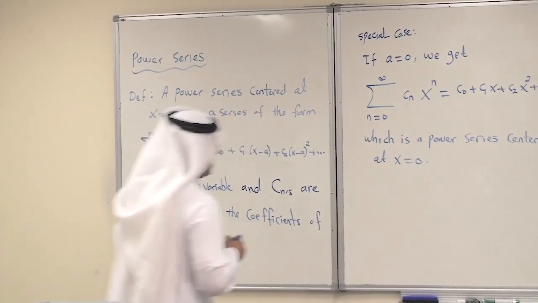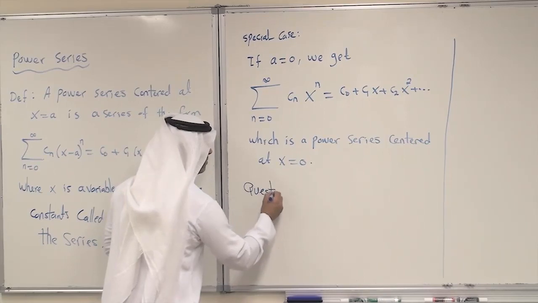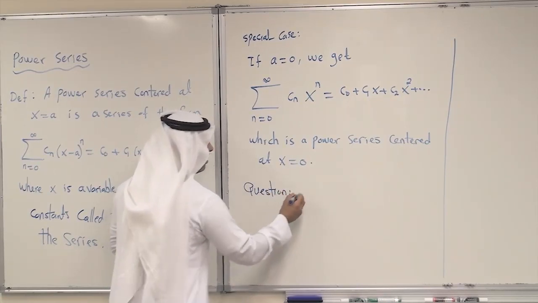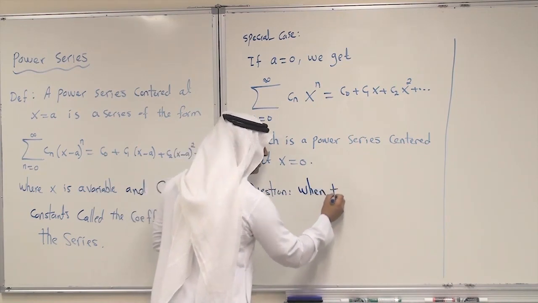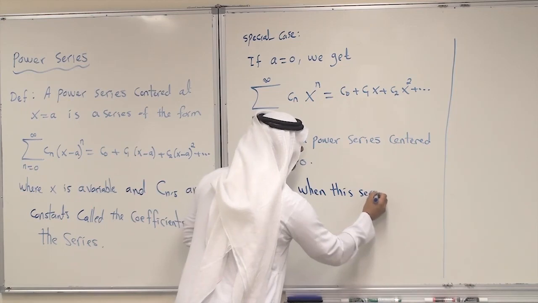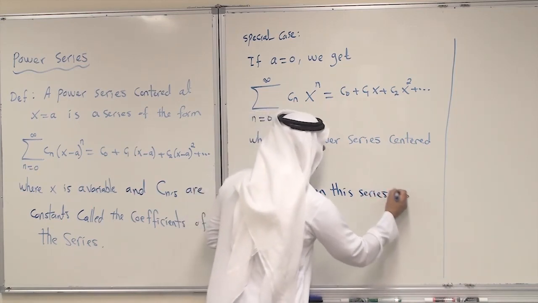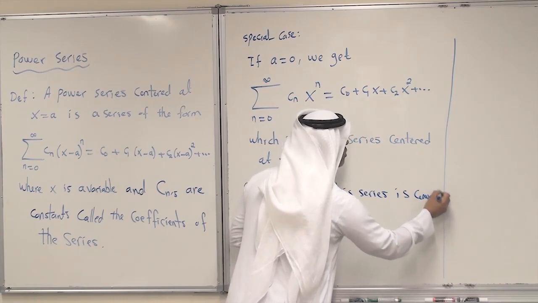The question is this: when is this type of series convergent?